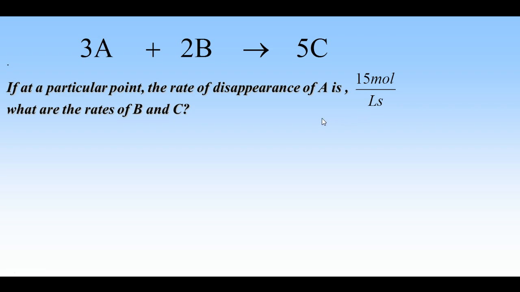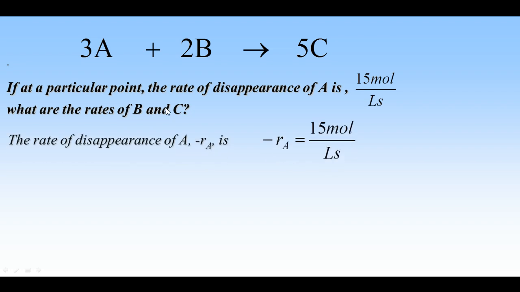So the reaction rate can be expressed as the rate of disappearance of the reactant or as the rate of formation of a product. Let's first express the rate of reaction for the reactant A. Since we are dealing with the disappearance of the reactant, we have a minus sign in front of R_A. The actual value is then positive.